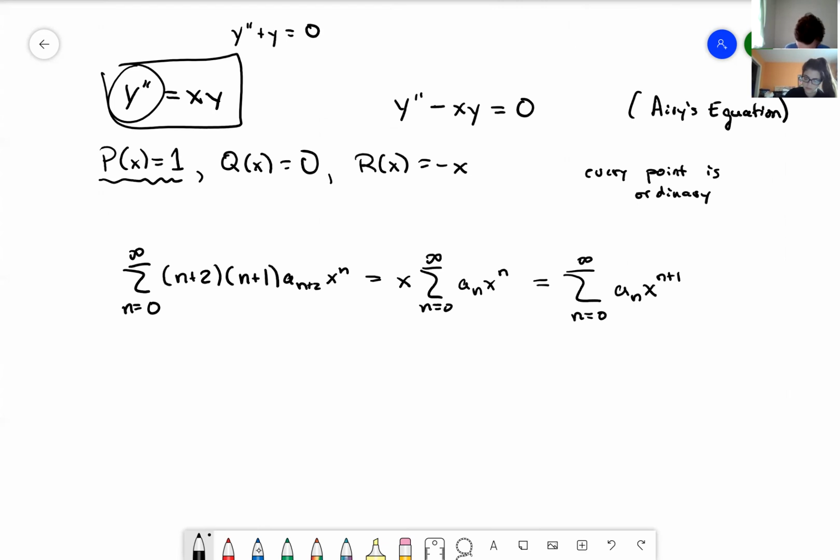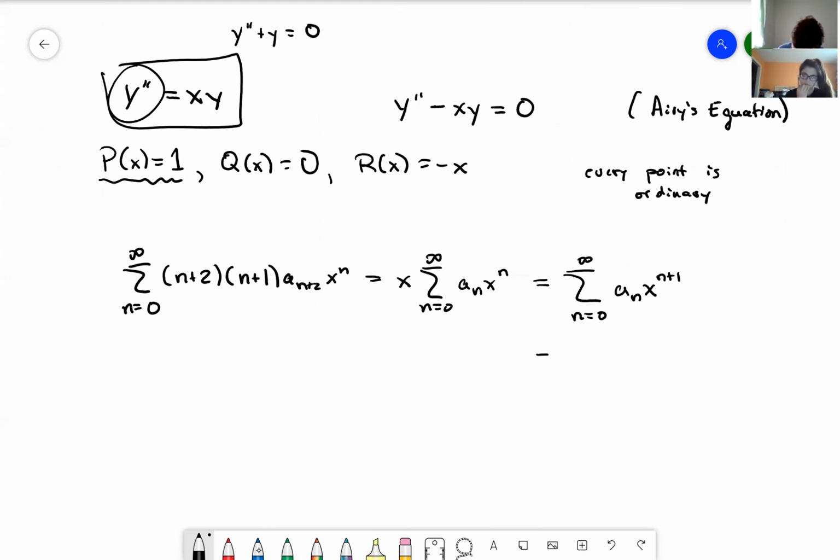Okay. And now I want to do a rewriting so that I get matching things. That's going to be a little bit of trouble. How do I want to do this? I want matching powers of x.